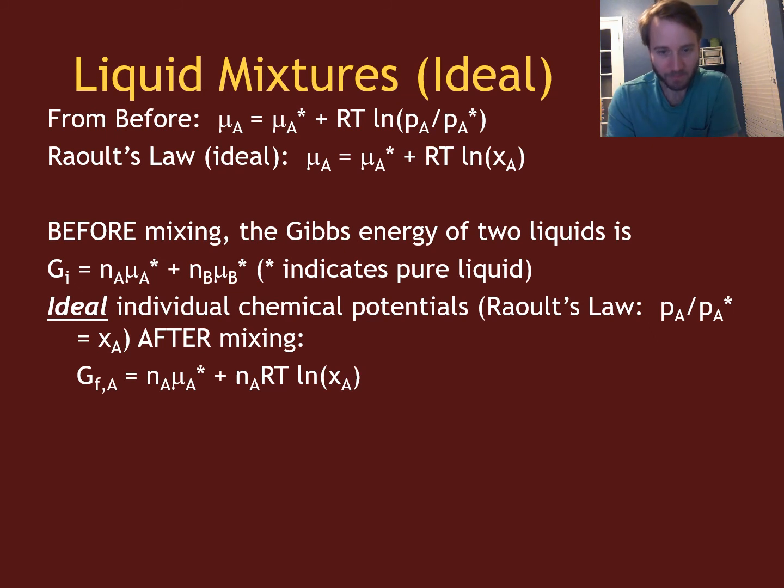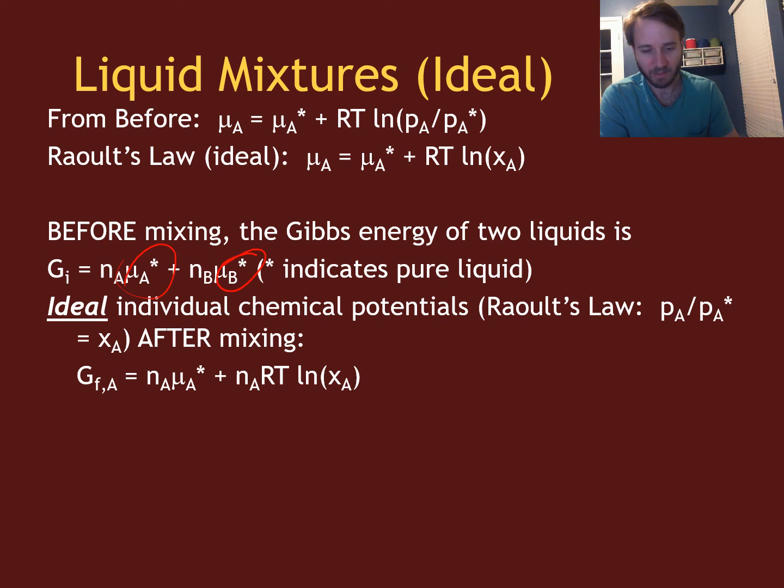Okay. So we've talked about what we can get for the chemical potential of the mixture from Raoult's law. Let's assume we have ideal liquids that we're mixing. Before mixing, the total Gibbs free energy is just equal to the chemical potentials of the pure substances.